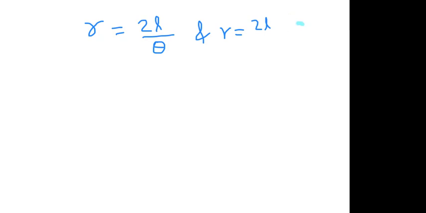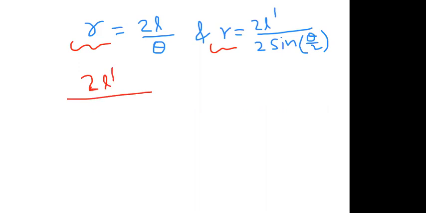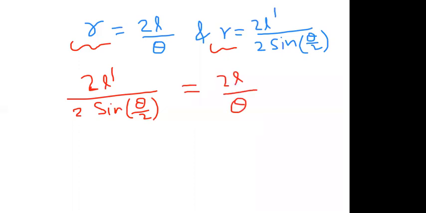In both the cases, R is the same. So 2L dash by 2 sine of theta by 2 is equal to 2L by theta. So 2L by theta is equal to 2L dash by 2 sine theta by 2 is my expression.